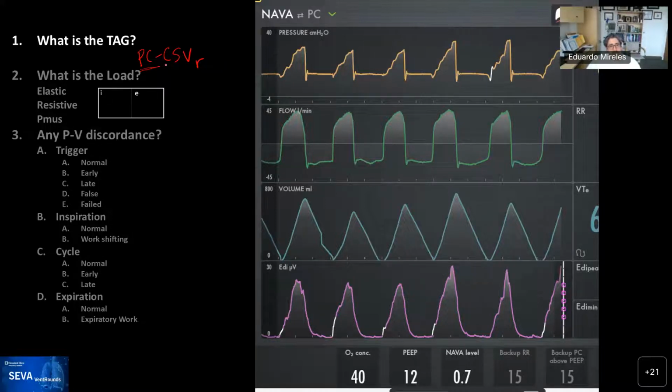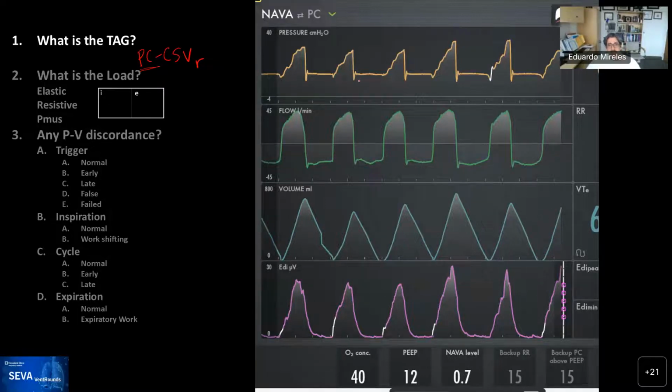Then, for the sake of today, we're going to say that this is CSV. And what CSV means is that all the breaths are spontaneously triggered, patient triggered and patient cycled. And you heard Rob eloquently say, Eduardo, every single one on this ventilator, when it's patient triggered, the machine identifies that it's the patient triggering, and it will change color.